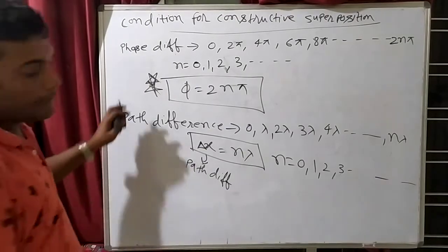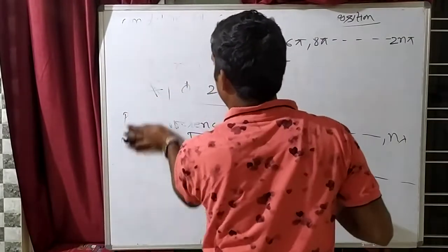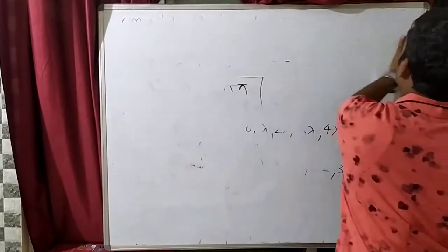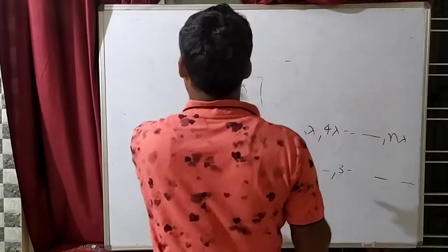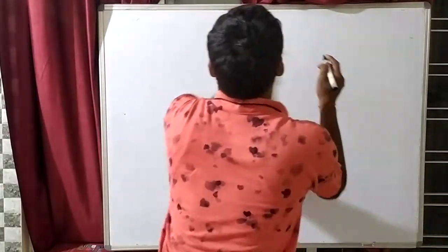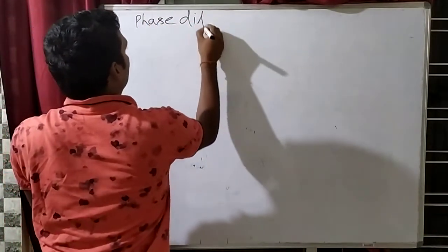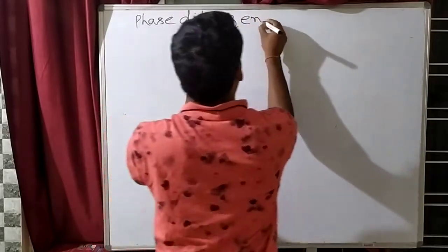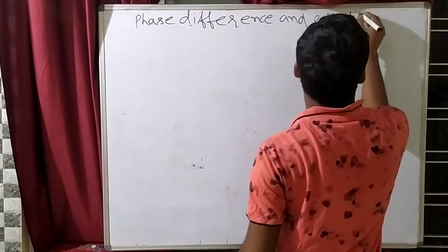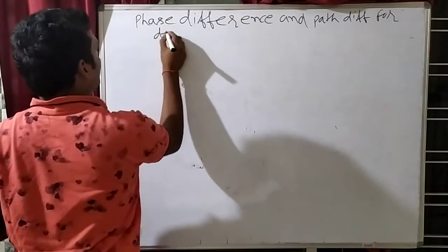So that's the next topic. That is phase difference and path difference for destructive superposition.